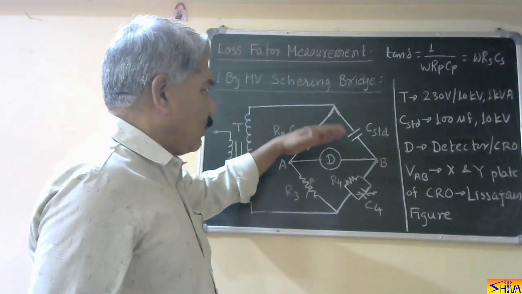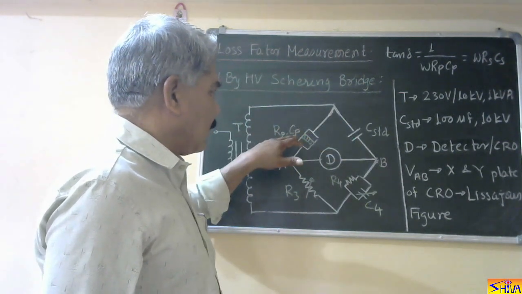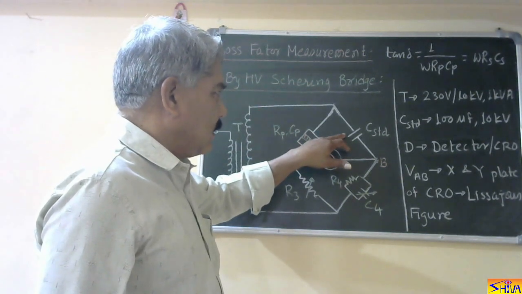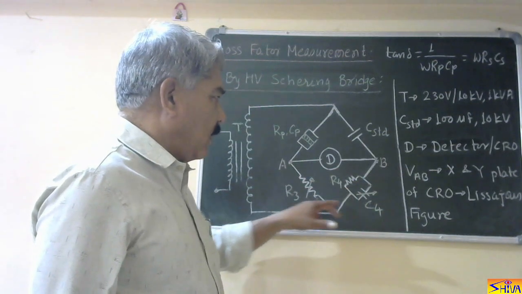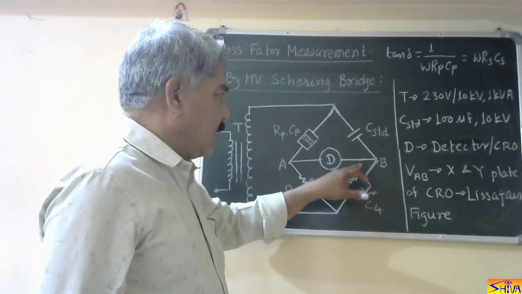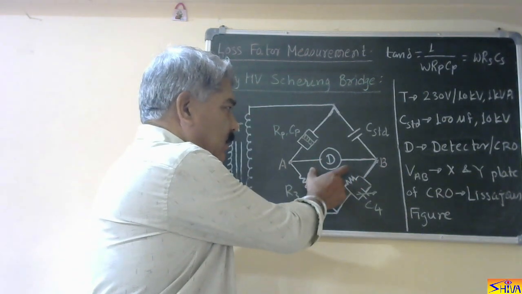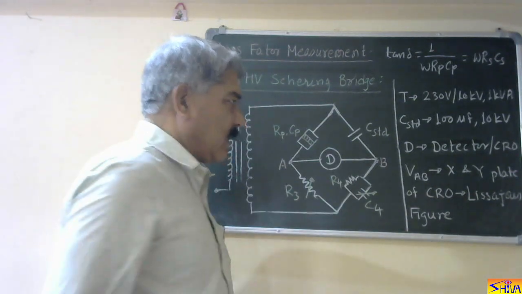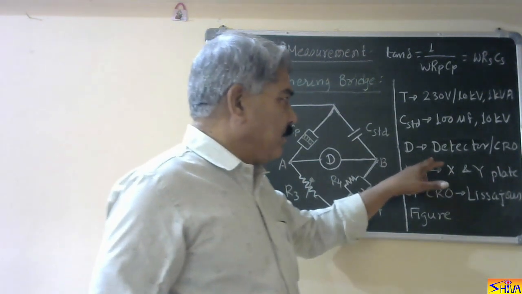Almost the full 10 kV voltage drop is across the upper two branches, that is, across this specimen and this standard capacitor. So the other components need not be of high voltage rating, and hence VAB is also not very high. So you can directly use this voltage VAB for the detector.